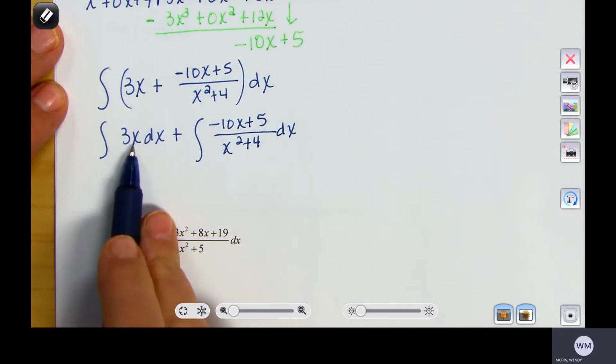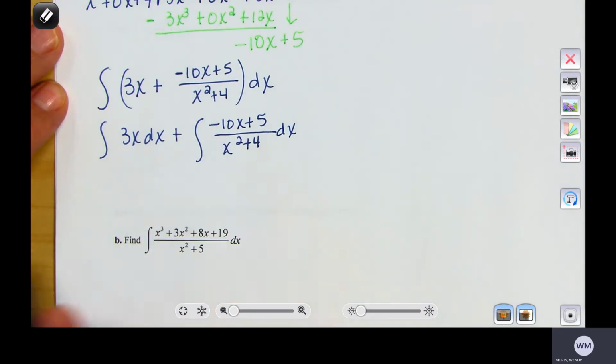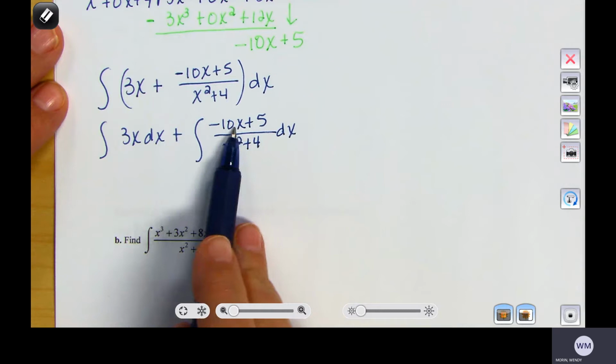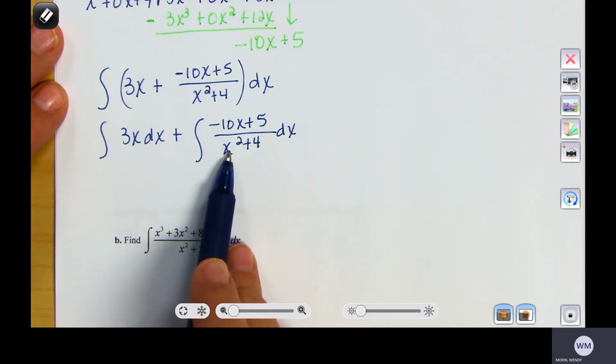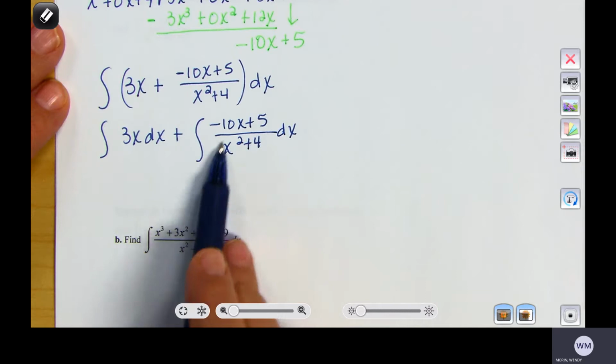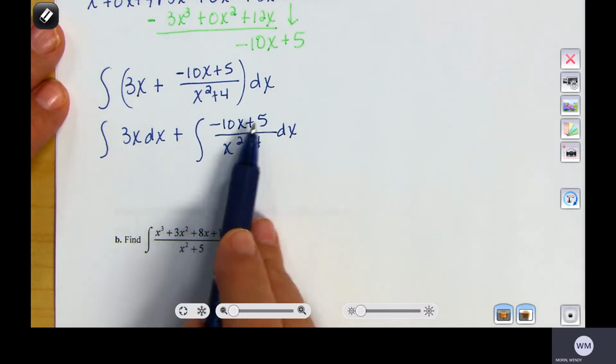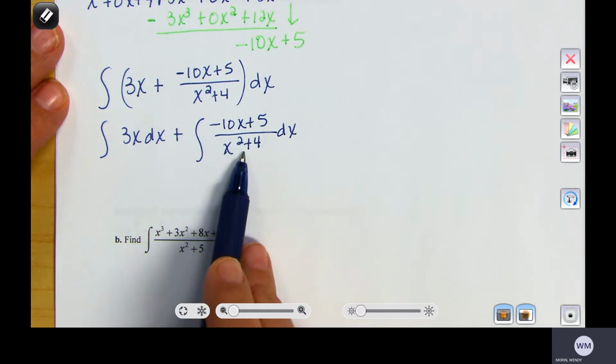So this one we can do easily, but let's focus on this one for right now. We have a binomial and a binomial here. If we set our denominator equal to u, its derivative is not going to have a plus in it. So this one needs to get split up even more.